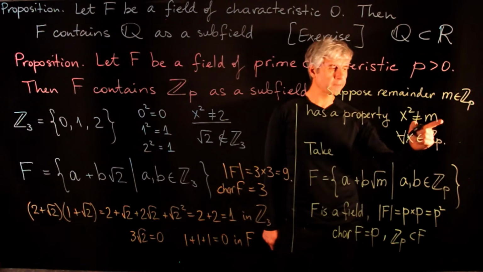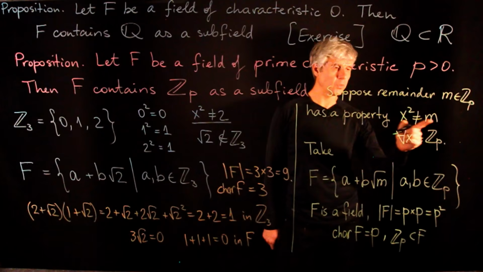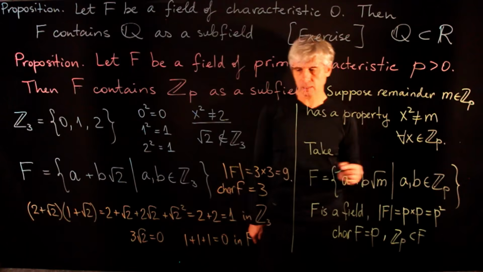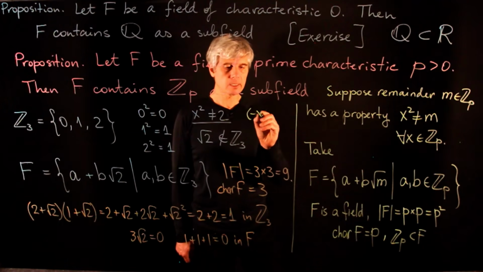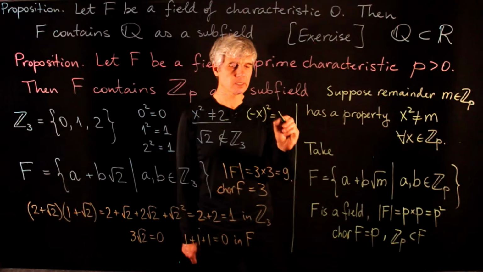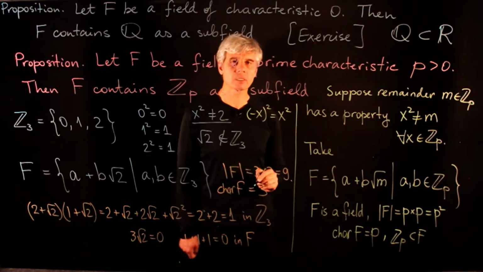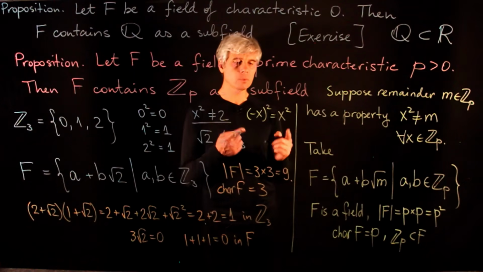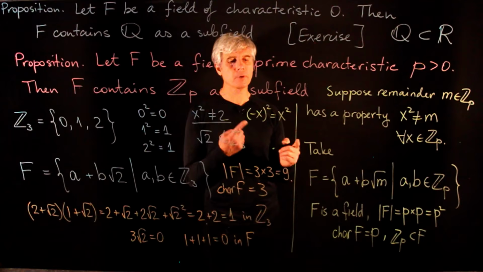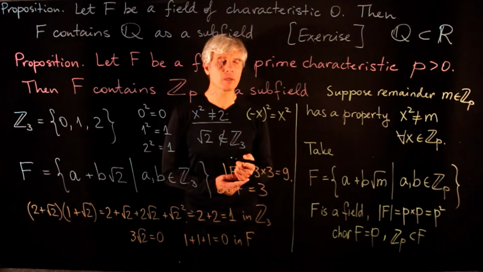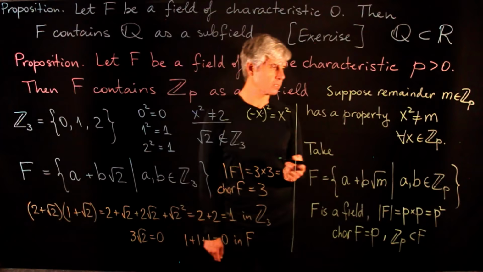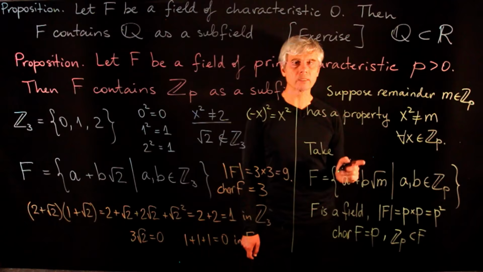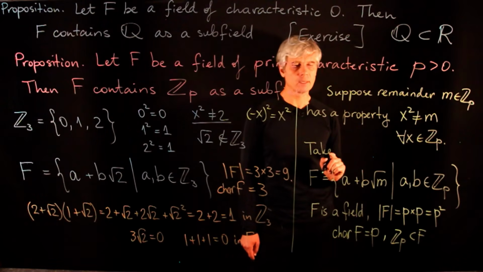How do we know that we can find such an M, such that no square is equal to M? Well, what we can observe is that we always have that minus x squared is equal to x squared. And so this means that we will have pairs of different remainders that will have the same square. And this tells us that the number of squares in ZP is smaller than the number of elements in ZP.